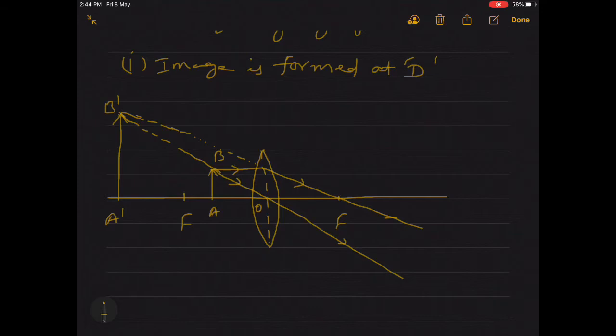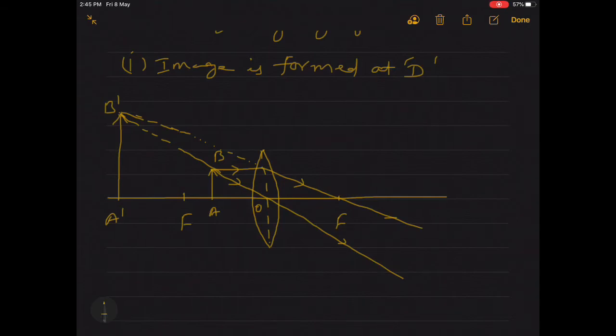So now the diagram we had drawn when we were talking about image formation by convex lens. Now the very important term here is angular magnification, that we did not cover in the other section where we discussed image formation by concave lens.